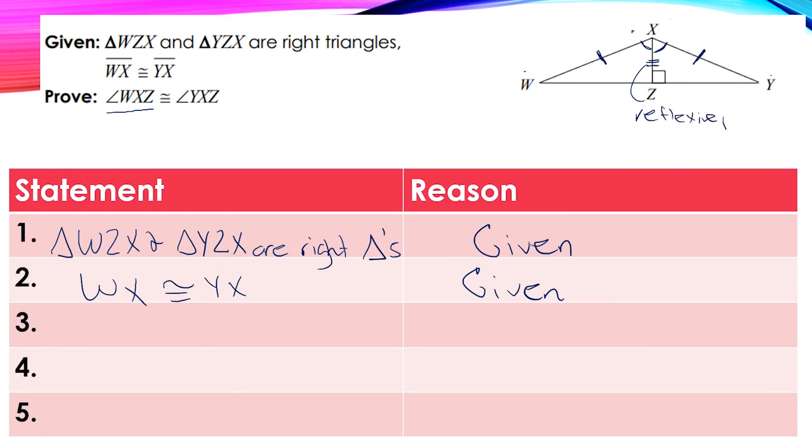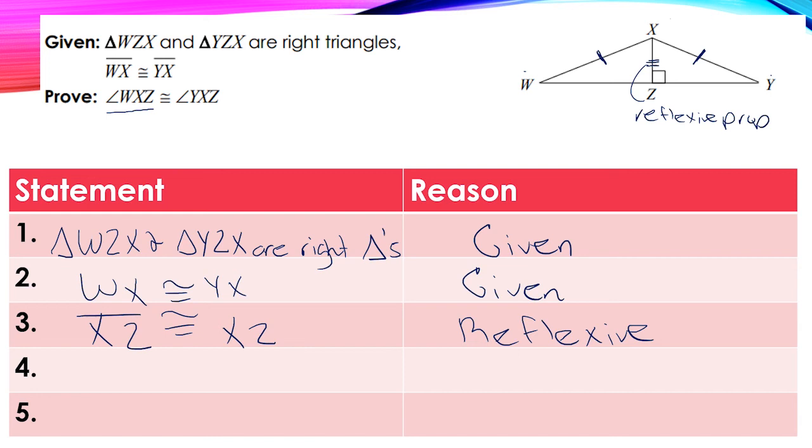So let's write that in. XZ is congruent to XZ, reflexive property. All right, and so let me just erase this here because we're proving that these two angles are congruent, so we haven't gotten there yet.